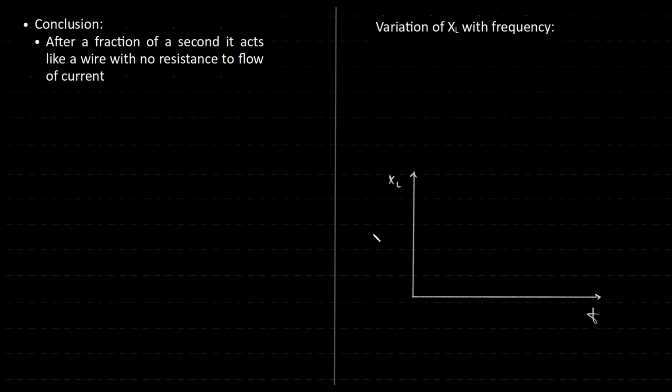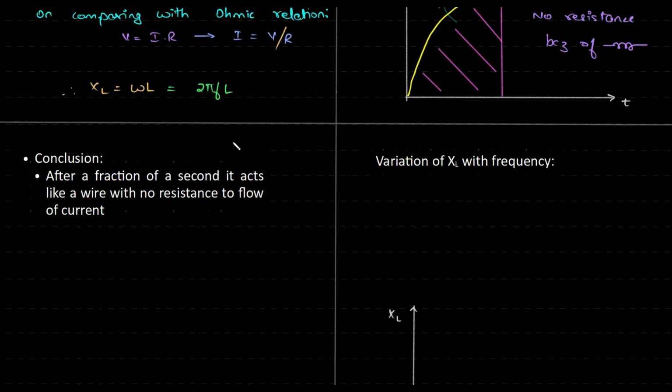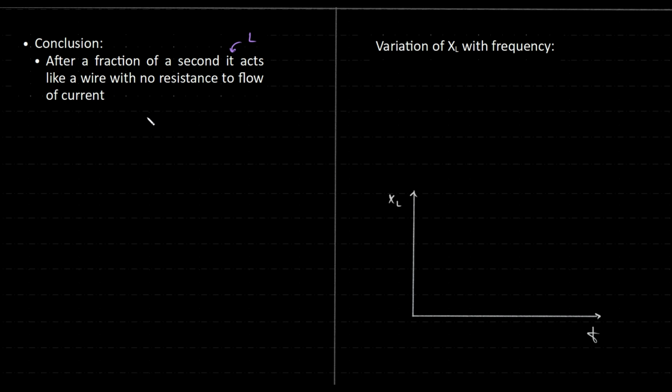Now, one last conclusion regarding that specific case: after a fraction of a second, it acts like a wire with no resistance to the flow of current. What it means is the inductor offers no resistance to the flow of current after a certain point. When I say this, we mean the inductor. So XL is equal to 0 for DC is what it means.